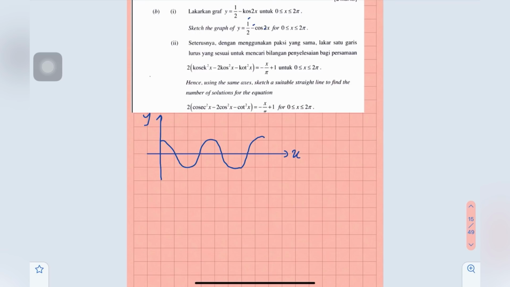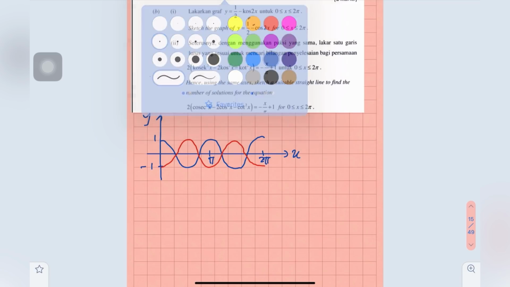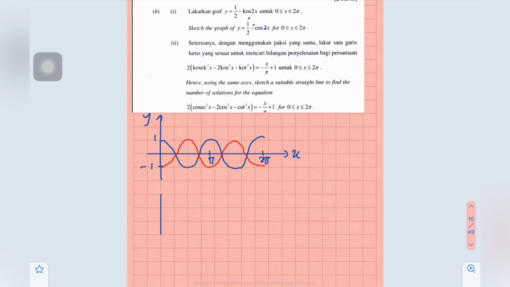So ni lah. 2 pi, 1, negatif 1. Okay. So lepas tu ada negatif. So kita reflectkan about x-axis. So kita dapat macam ni. Okay, so yang merah ni. Okay, so then kena tambah 1/2. So kita naikkan 1/2.